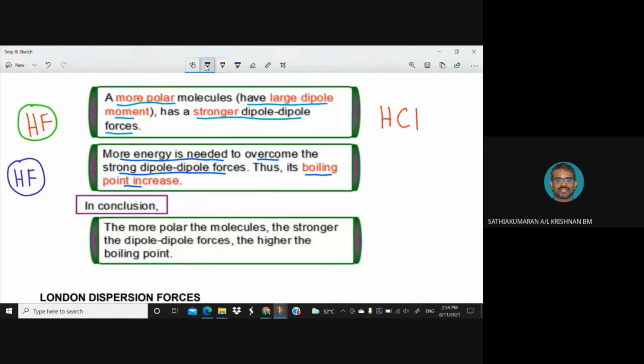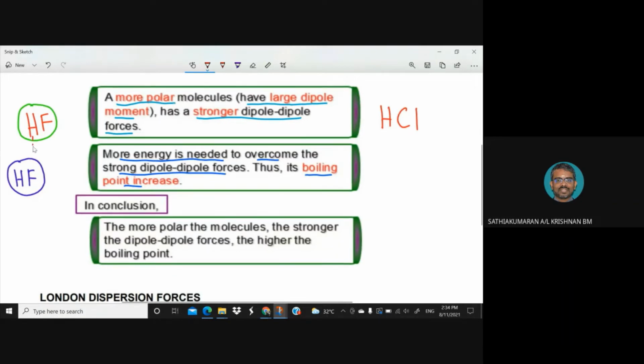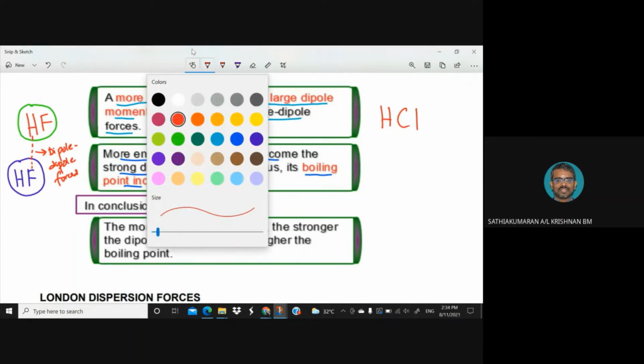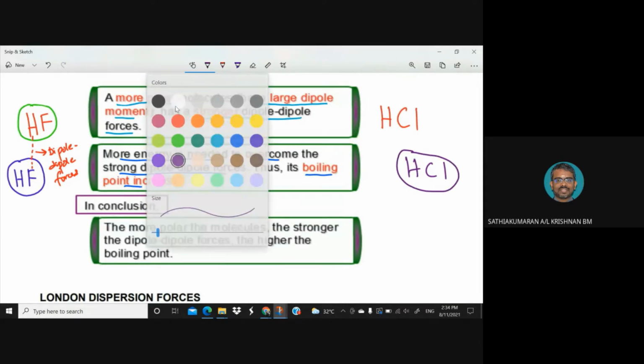Okay, so where will be the dipole forces here? Okay, so here is the dipole forces. Here also same. I got HCl. Got two molecules here.